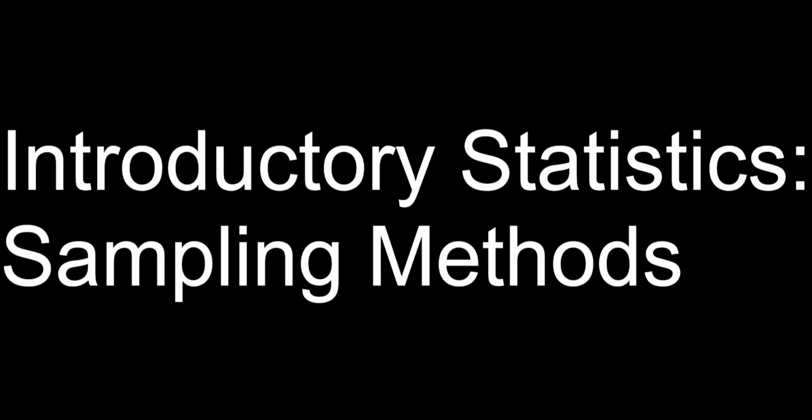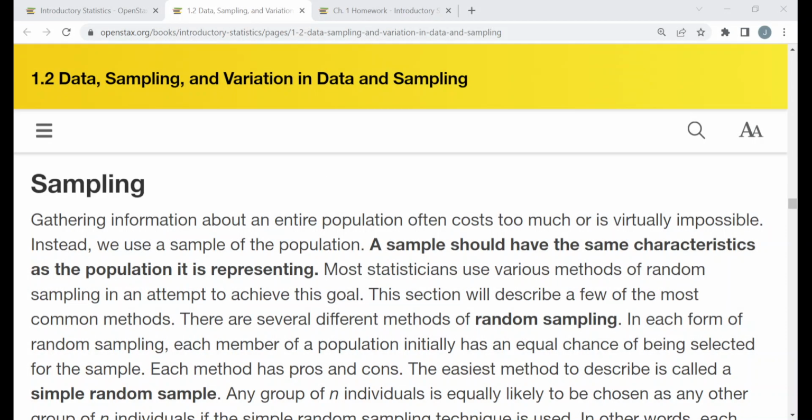Hello everyone. This video is on the course of Introductory Statistics and the topic of sampling methods. So in this video, I'm going to be working out of a free online textbook at openstax.org, and it's their Introductory Statistics text.